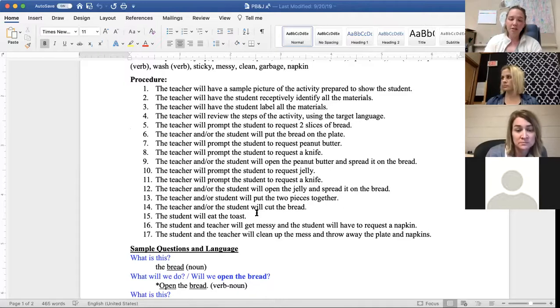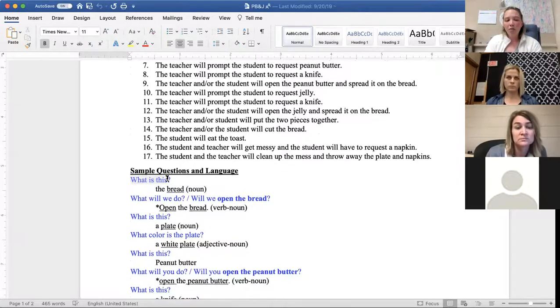But then I always wrote out what my prompt was. What am I going to say to get the child to say this? Because they can get so much of the language they need from how you ask the question, and they need to be able to cue in to listen for that. And a lot of kids have no clue that you're actually giving them the answer.